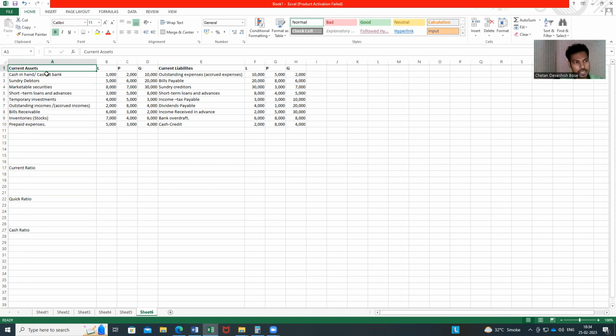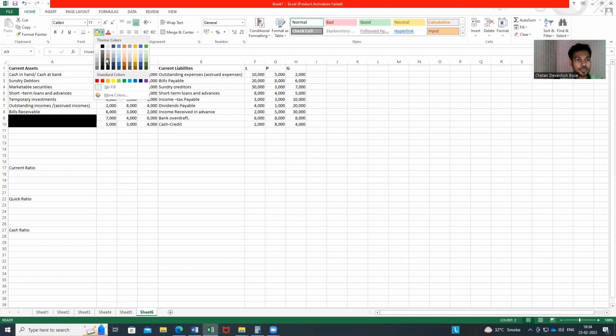Now, they are part of current assets. Now, see, these are all current assets, but these two are non-quick assets. Okay, they are actually non-quick assets. What is a non-quick asset?